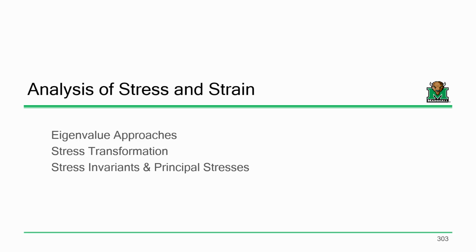Eigenvalues also have other applications in things like stress analysis, and I want you all to have a general idea behind what these software programs are doing when they report stresses and values and what have you.